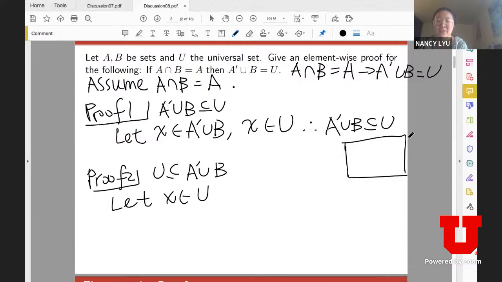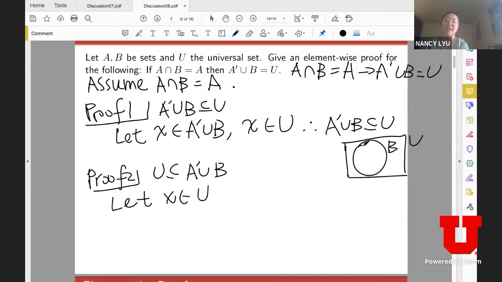So we have a universal set here, and the assumption we have is A union B is A. What does this imply?